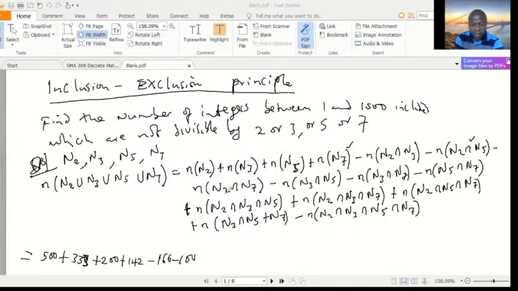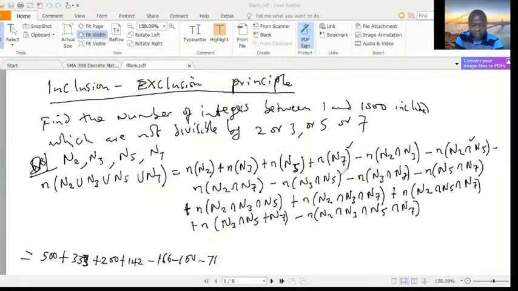And then we are here, 14 divided into 1,000. In all these questions, it's 1,000. So that is 14 into 1,000. Use your calculator and get 71.